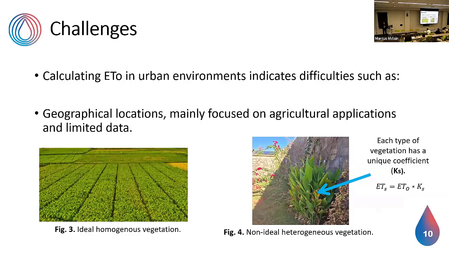But in this scenario, we are aiming to predict evapotranspiration for specific plants in urban areas. There you can see a small equation that multiplies the reference evapotranspiration times the specific plant coefficient.